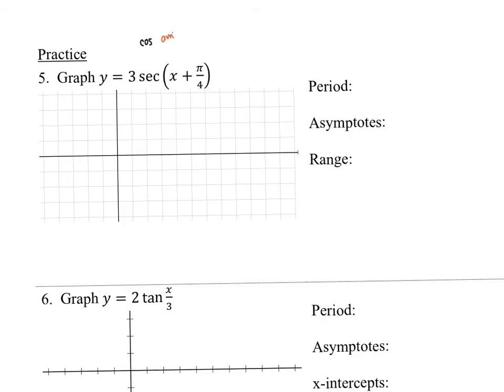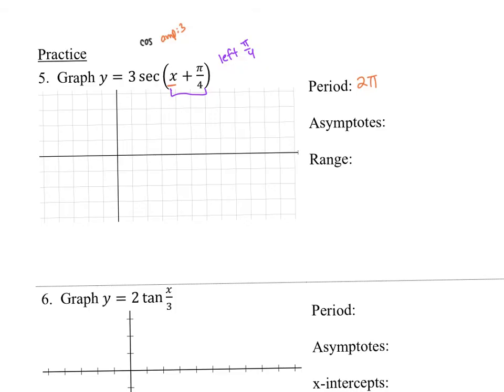the amplitude would be 3. So I'm going to keep that in mind when I do cosine. The period is actually 2 pi, and it's the same for secant and cosine because of this x. This is doing a horizontal shift. So this is going left pi over 4, or if I set this equal to 0, I'm going to start my cycle at negative pi over 4.